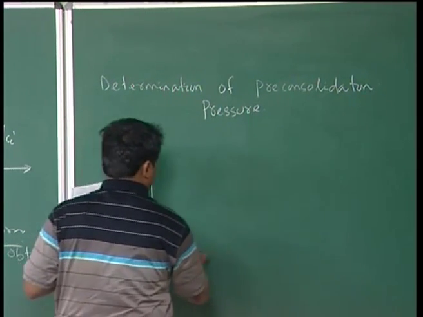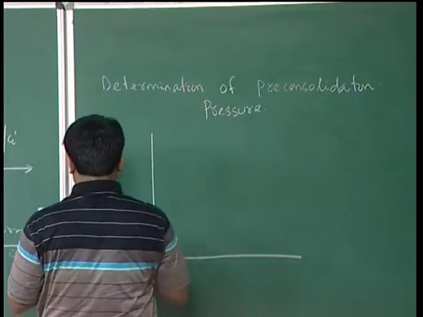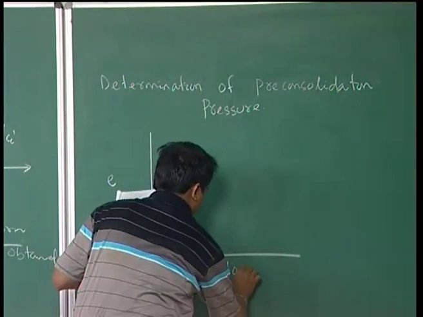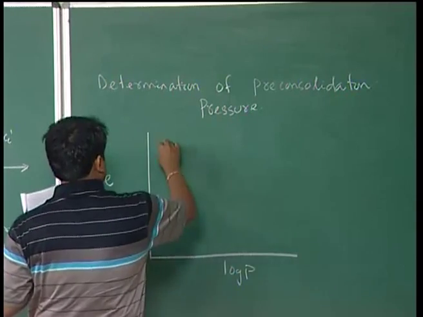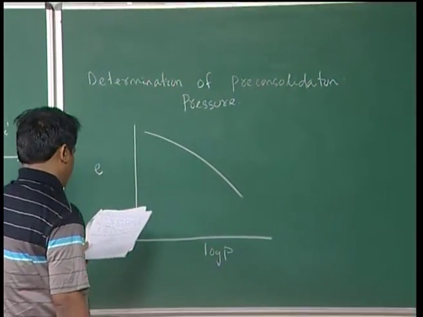Now, look at this curve. This is a typical e versus log P. So, in e versus log P, you will get a curve like this.